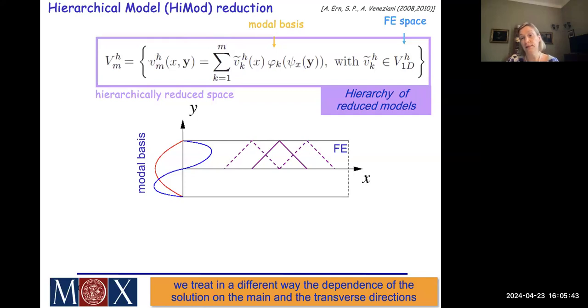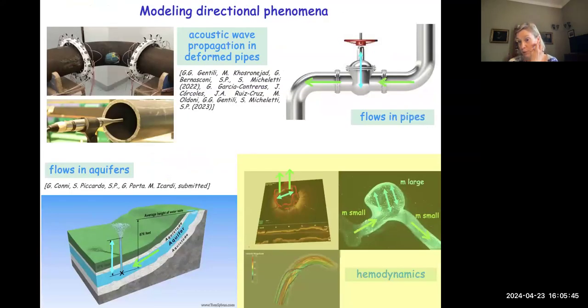And the idea might be, for instance, to properly tune the number of these modal functions in order to match the less or more complex transverse dynamics. For instance, coming back to the example from hemodynamics, the idea might be to resort to a small number m of modes sufficiently far from the aneurysm, while resorting to a larger number of modal basis functions in correspondence of the aneurysm itself.